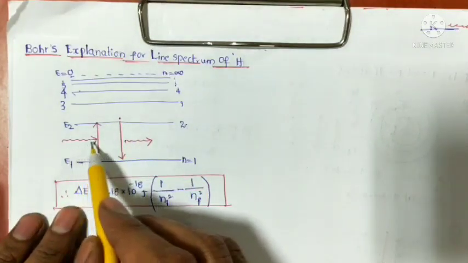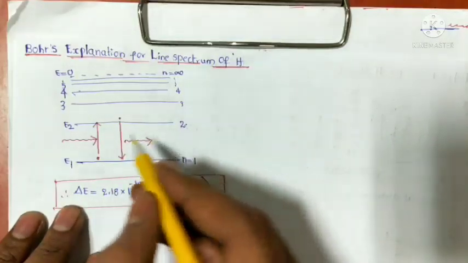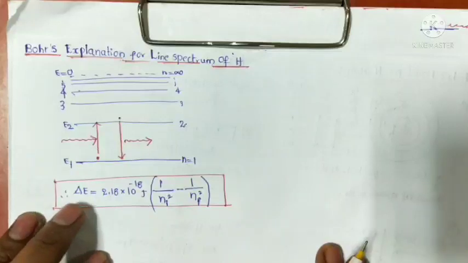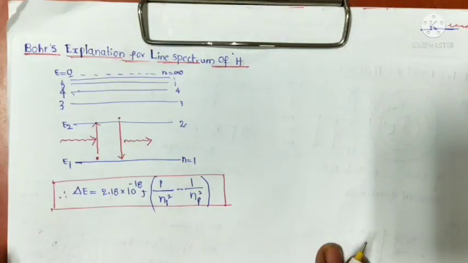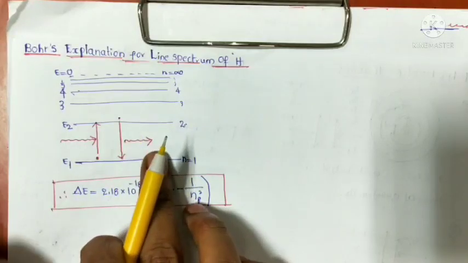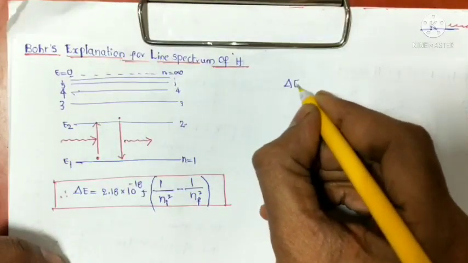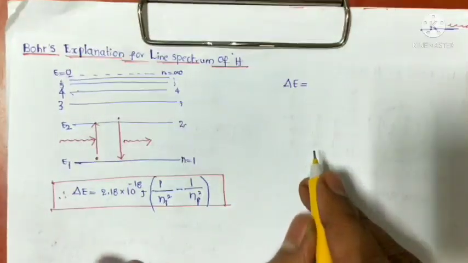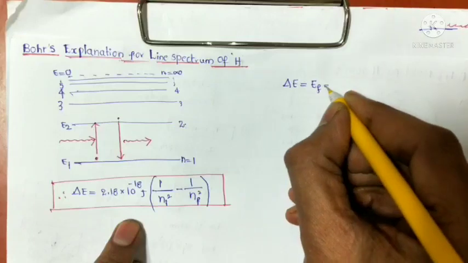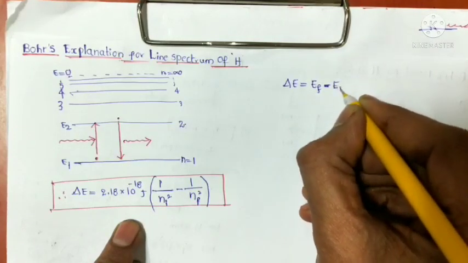If energy is emitted, the electron moves from a higher energy state to a lower energy state. The energy absorbed or emitted is exactly equal to the difference between the two energy levels, that is, final energy level minus initial energy level.